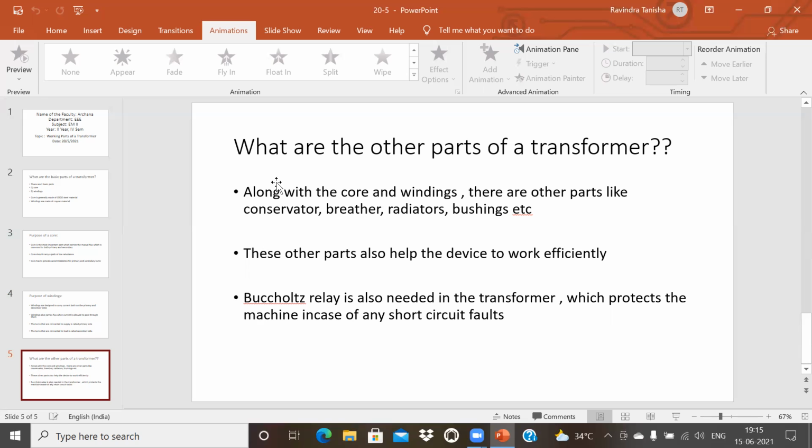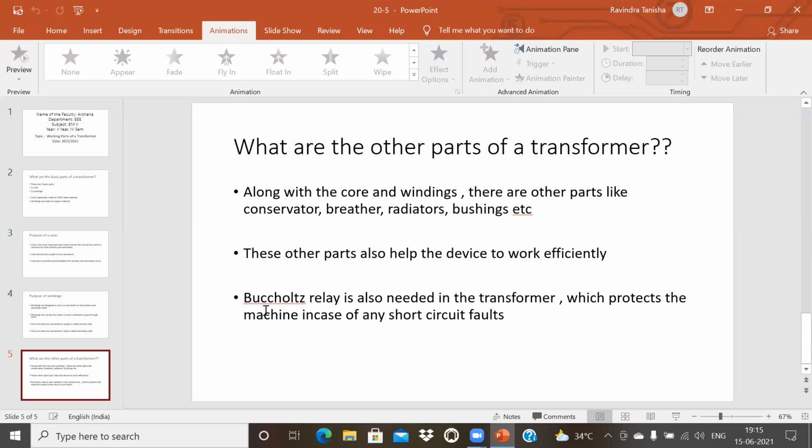These other parts also play an important role in working with the transformer. One more important thing to discuss is the protective mechanism called the Buchholz relay.